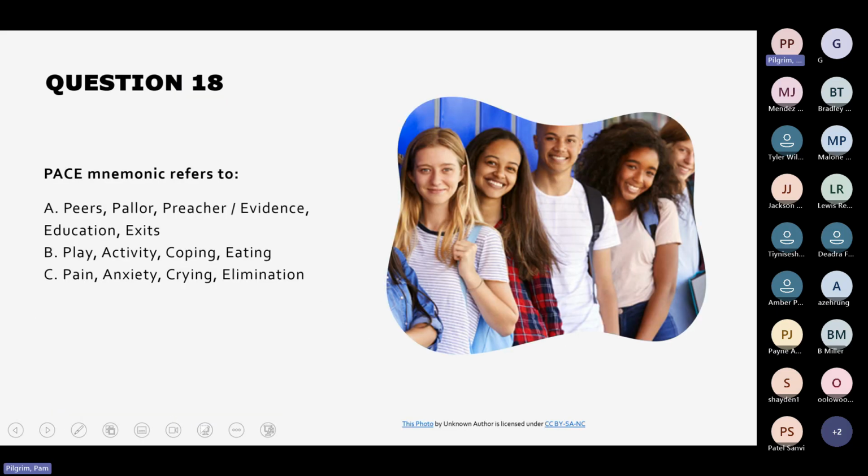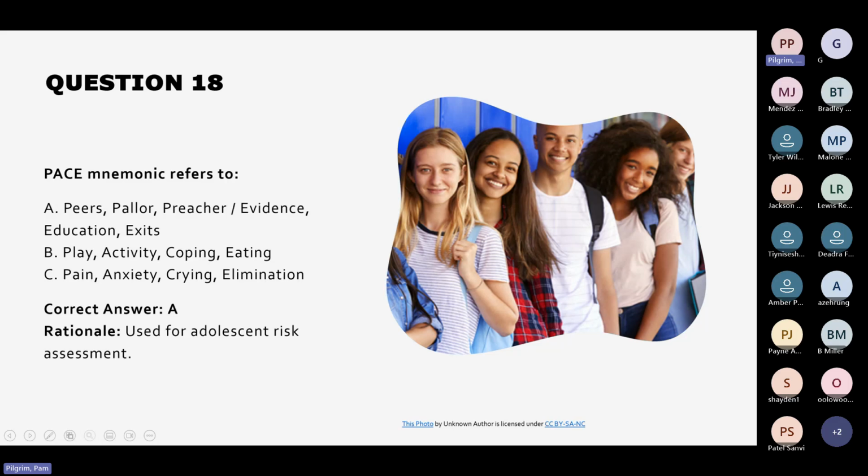Next question. What does the PACE mnemonic refer to? The answer is A, the scale for adolescent risk assessment.